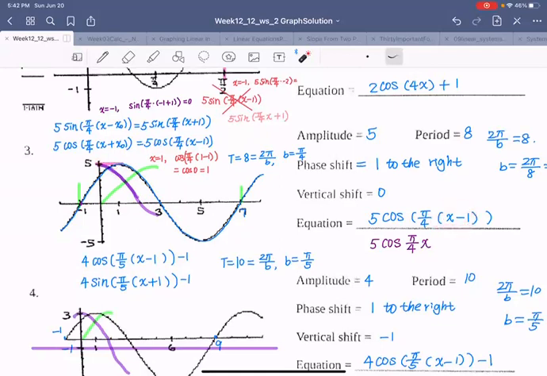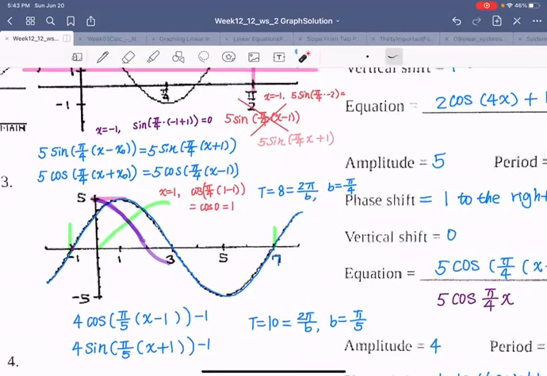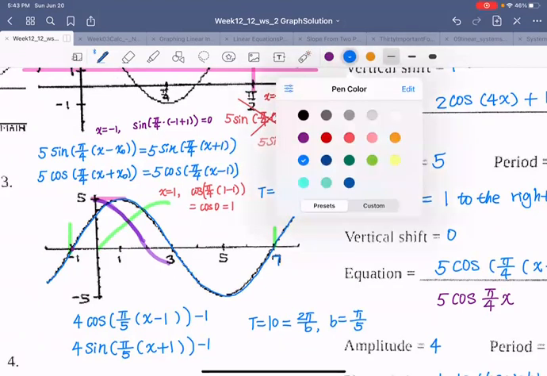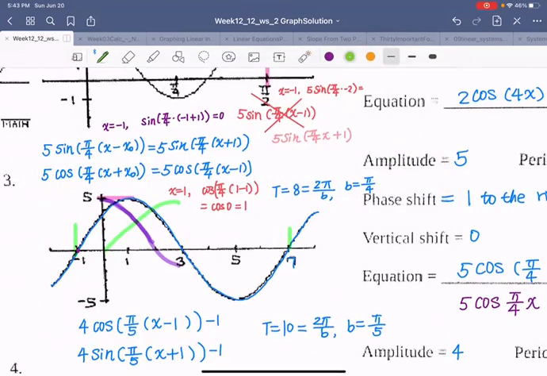But if you say, I really like sine, it's okay, we can do sine. The amplitude is the same, it's still 5. The b value is still the same. We do 5 sine pi over 4x. I choose a green color for this. If I use 5 times sine pi over 4x, that is this graph.